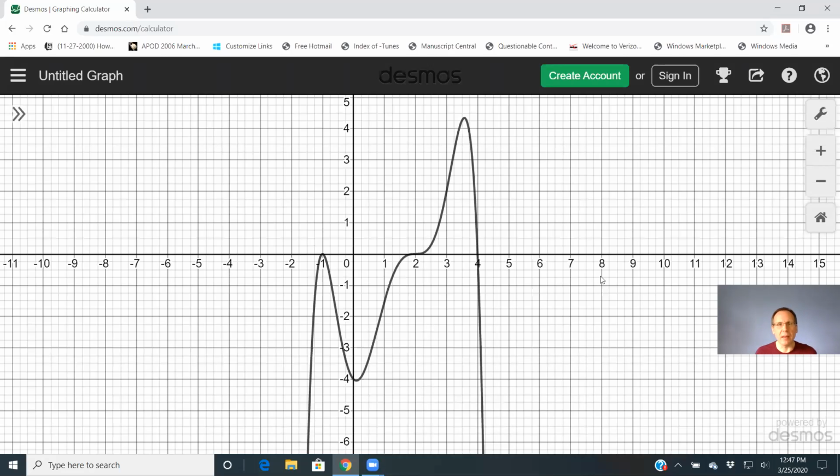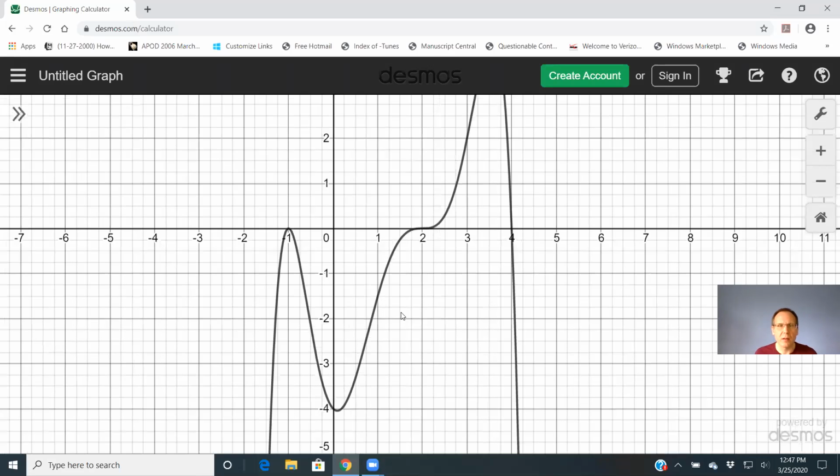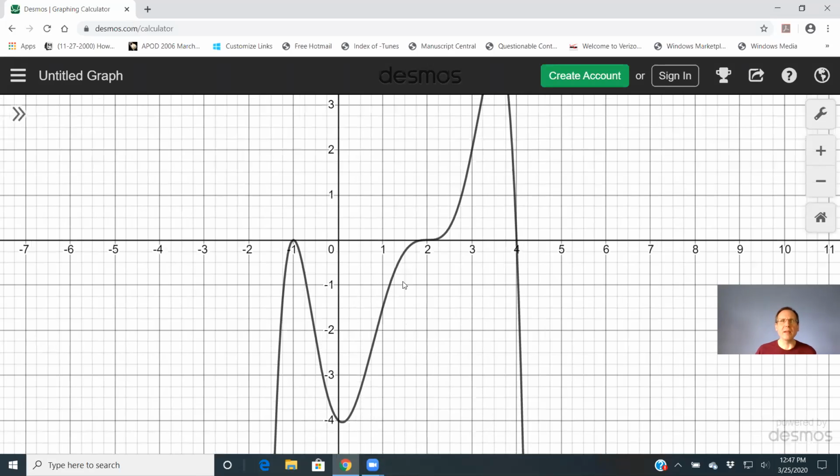So if we look at this, in this case, let me zoom in a little bit more. In this case, it looks like I have a root at x equals -1. Okay, so there's a root at x equals -1.